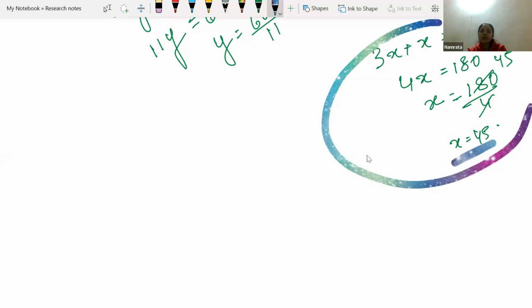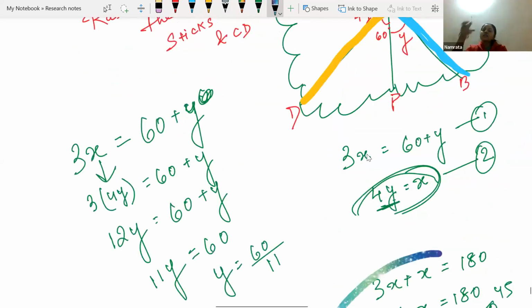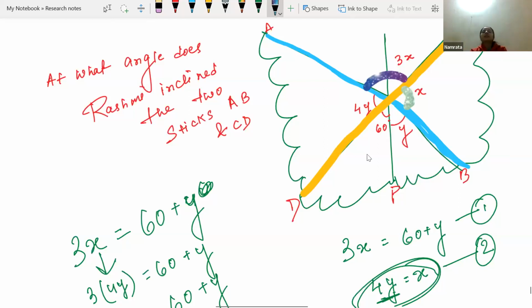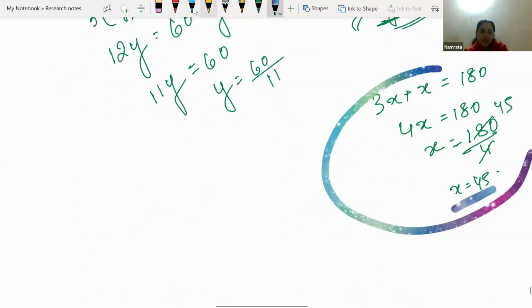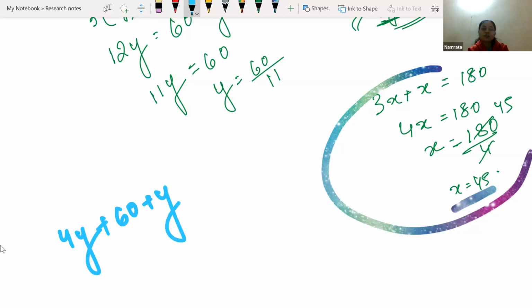Now, on the other side also, I can say that 4y, 60, and y all together will make a linear pair. So 4y plus 60 plus y all together will make a linear pair. Basically, at first we want to take out the value of x and the value of y, and then we will answer each and every question.